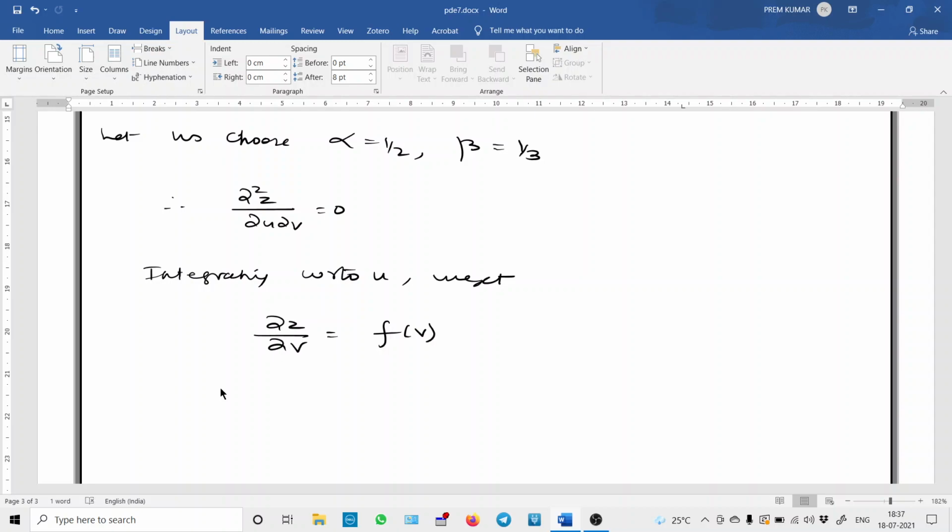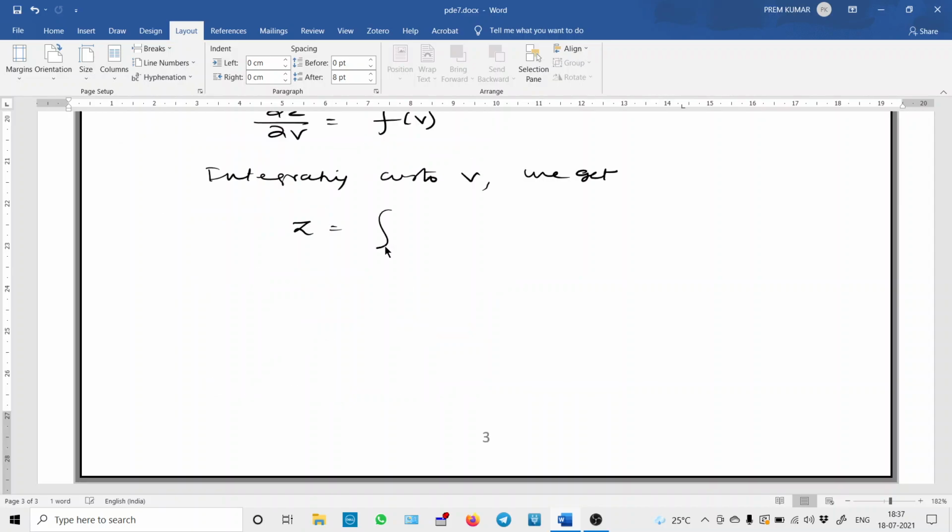And now again integrating with respect to v partially, we get z equals some other function of u as the constant of integration. That is, z equals, I name this function capital F of v and g of u.